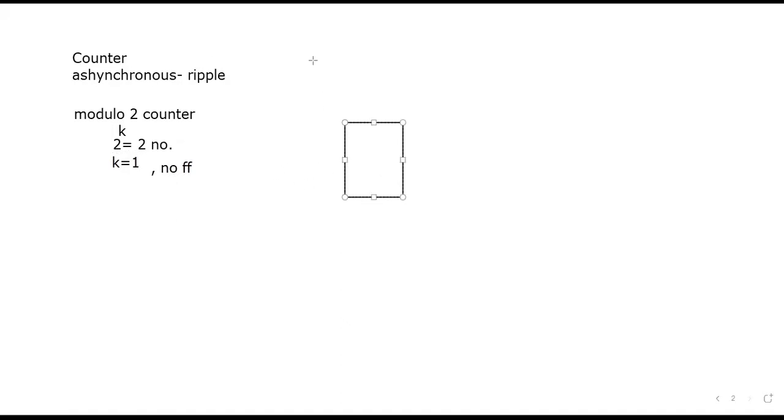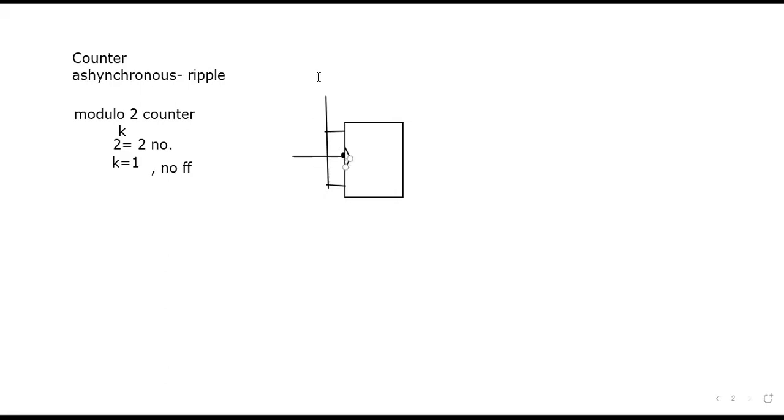Here, first we have to provide the input. Input is nothing but voltage, and we don't need to complement over here because we are intentionally going for toggle operation. Here we have the clock, and it is a negative edge-triggered clock.